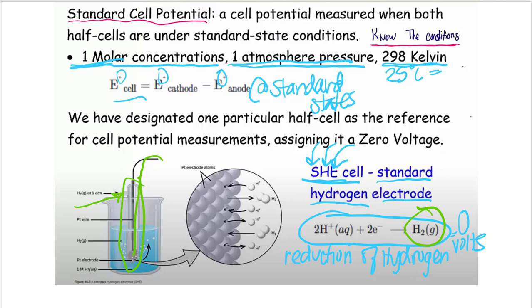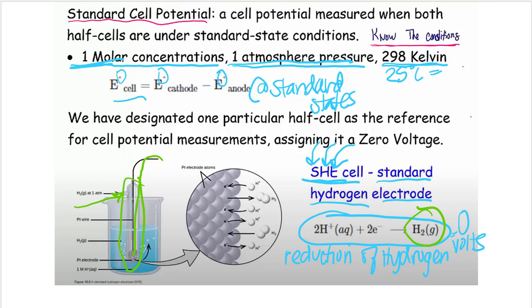So you'll always see an inert electrode involved with gaseous hydrogen, the SHE electrode, simply because we can't hook an electrode to a gaseous reactant or product. So we place the platinum wire inside the chamber that contains the gas to complete the circuit.